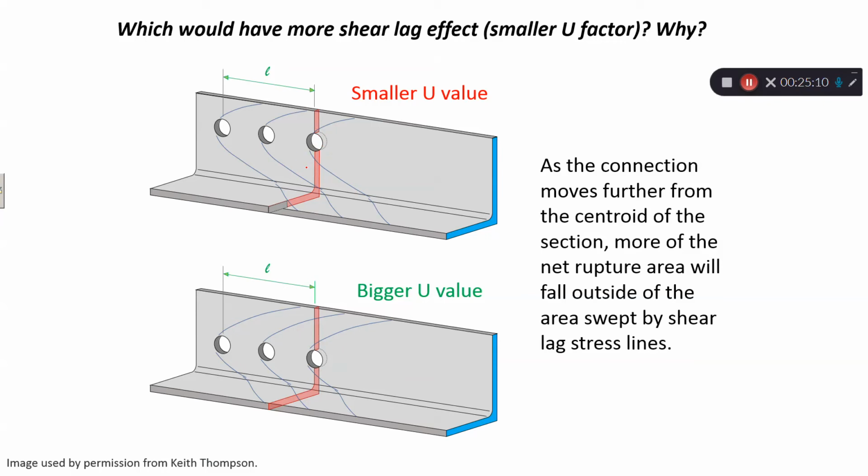As we move further from the centroid, more area is left unstressed, so this one will have a smaller U. If you place the connection along the centroid, you will have a bigger value. A bigger U value means it is more efficient at resisting tension. That's why, when you design the connection, it is preferable to place the connection line around the centroid line.